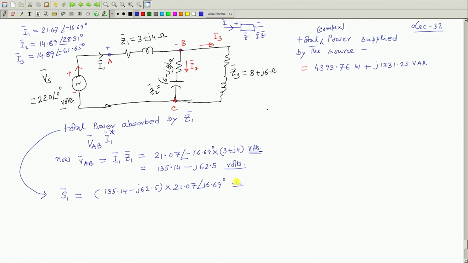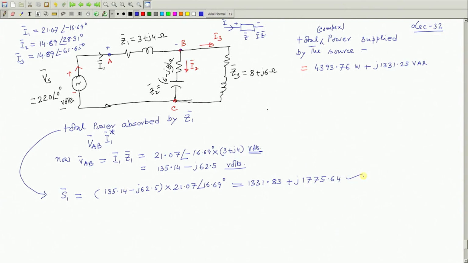And if you calculate it, the complex power absorbed by S 1 will be 1331.83 plus j 1775.64, it will have a real and imaginary part. This will be the thing S 1 bar.